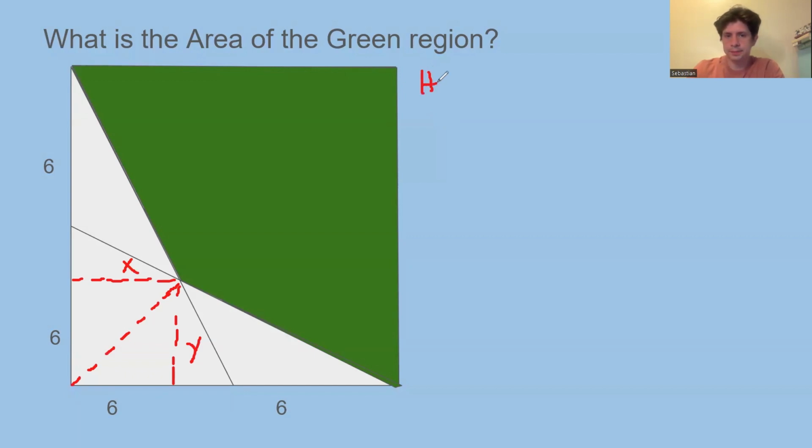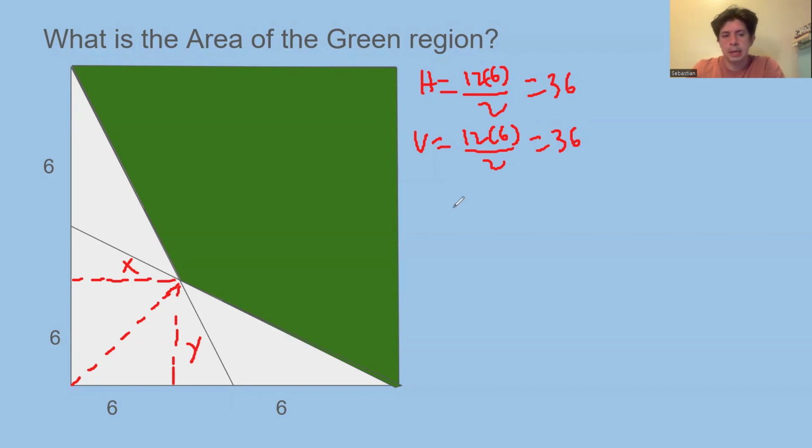So H equals 12 times 6 over 2 equals 36. V equals 12 times 6 over 2 equals 36.